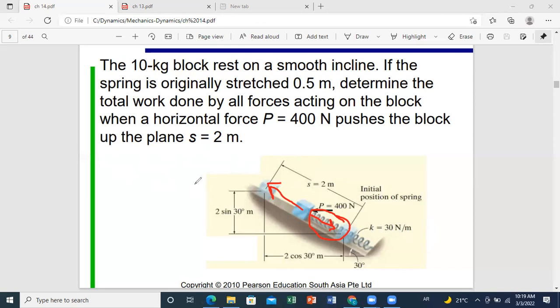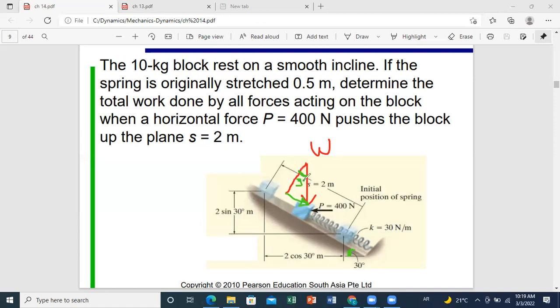Okay, now we still have two forces to determine the work of: the work of the weight and the work of P. Now for the weight, as we did in the previous problem, we always have two possibilities. We project the weight along motion, and we get a negative projection along motion. How to get this projection? As usual, the angle with the incline is 30, which means the angle between the vertical and the weight is also 30.